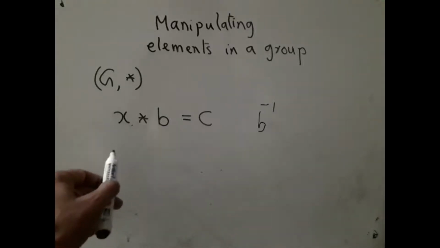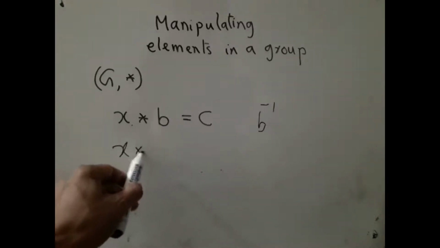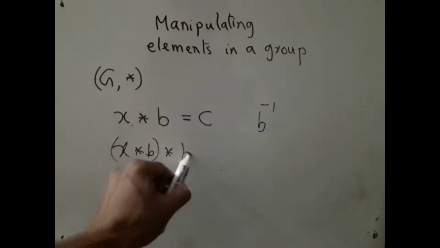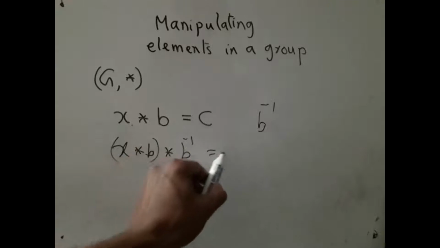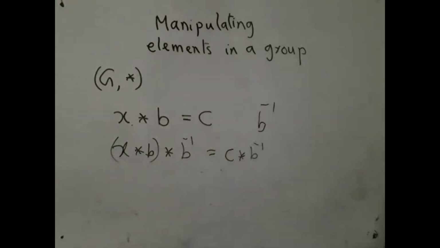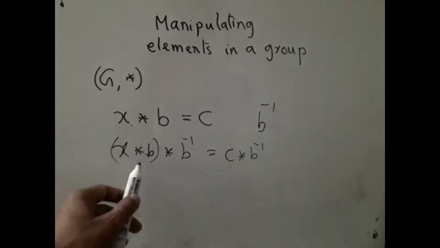Now if I do that, I will have this x star b. This is something that I already have, and I put a star b inverse, and on this side I have c star b inverse. Since I am working in a group, this star is associative.